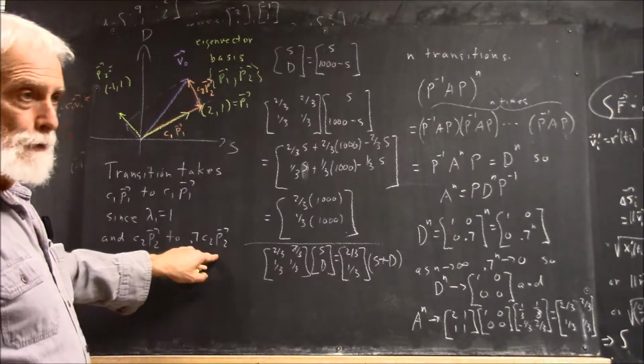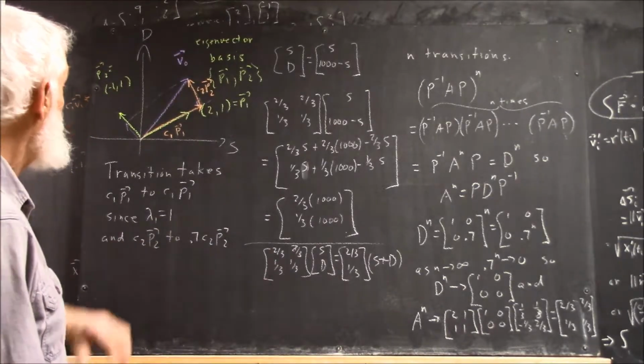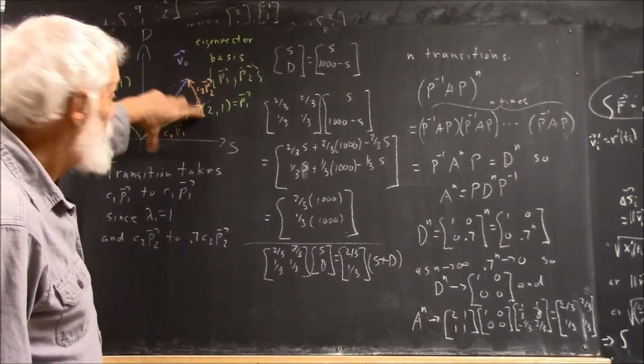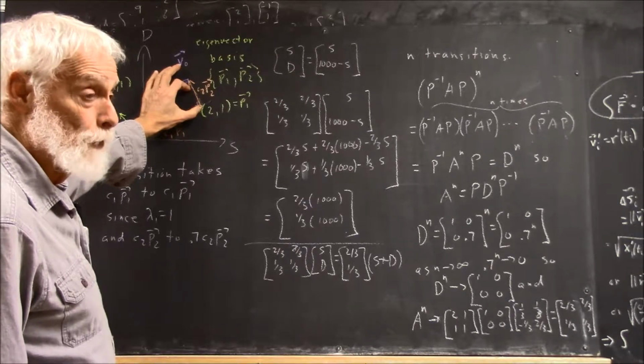P2 is an eigenvector with eigenvalue 0.7, right? Well, geometrically, that means this one doesn't change. This one gets shortened to 70%. It gets 30% shorter, right?